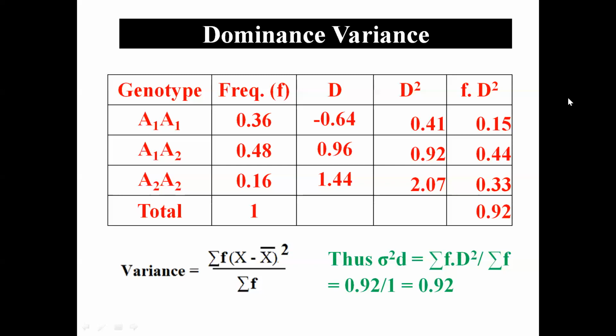In this way, this formula may be modified as mentioned in green font, that is sigma f D square divided by sigma f. Sigma f D square we may get from the last cell of the last column, that is 0.92 divided by 1. Thus, dominance variance is equal to 0.92. Here, why did we use D values? Because dominance variance is the variance of dominance deviations.